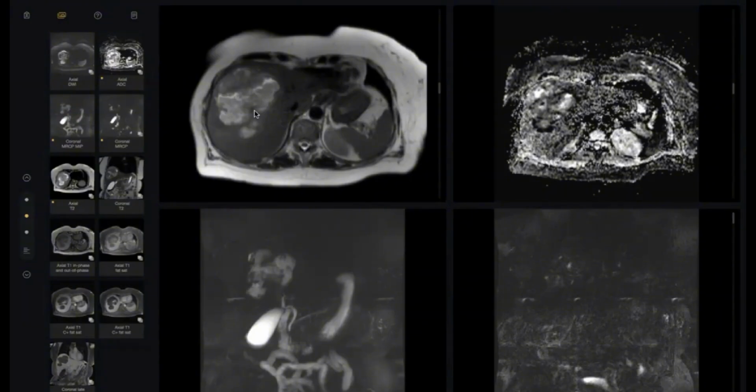Protein is the buzzword, because abscess contains proteinaceous material. Proteinaceous molecules are very large, so they have no free movement. So the movement here is restricted, giving high DWI and low ADC.